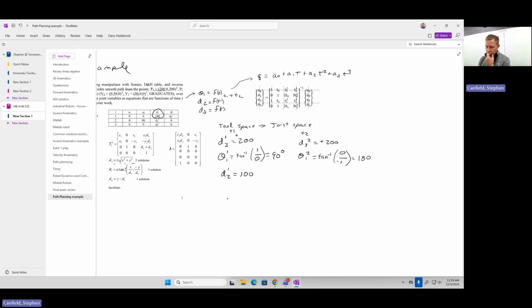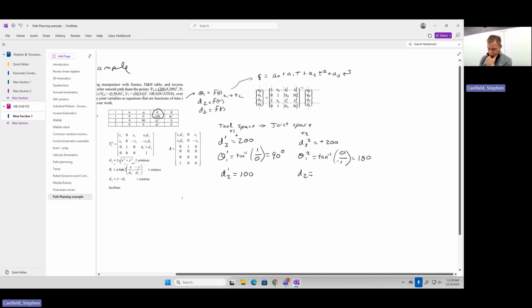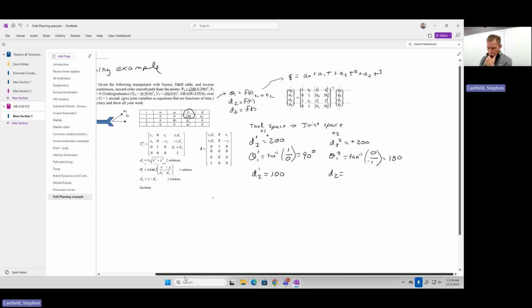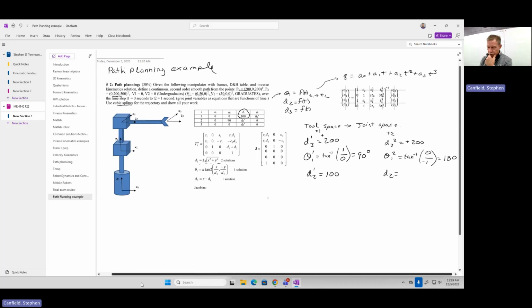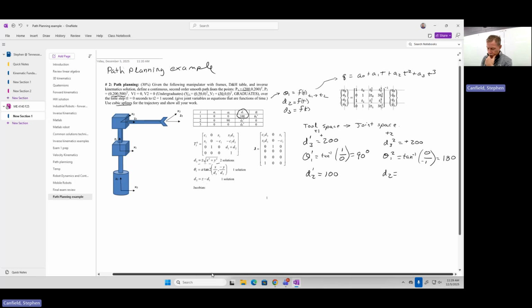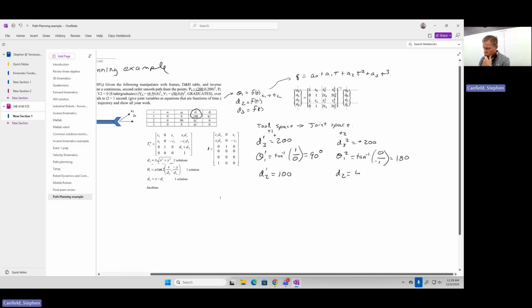So my rise is 0, my run is negative 1. I'm calling that negative 180 or positive 180. Finally, my D2 is Z minus D1. So at time 2, my Z is 500 minus D1, which is 100. So that's 400.